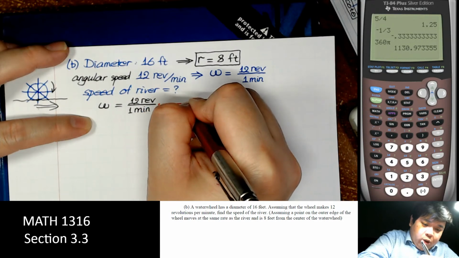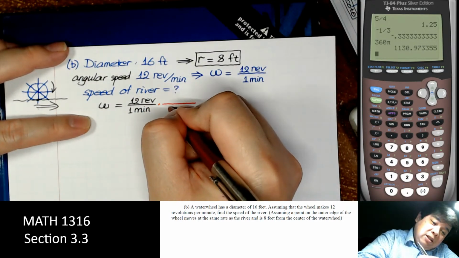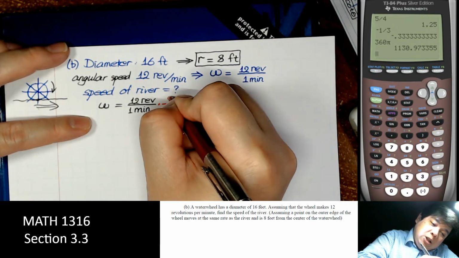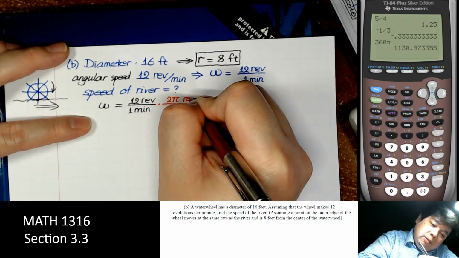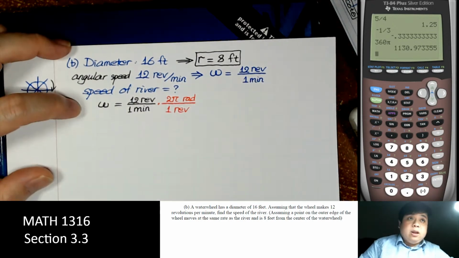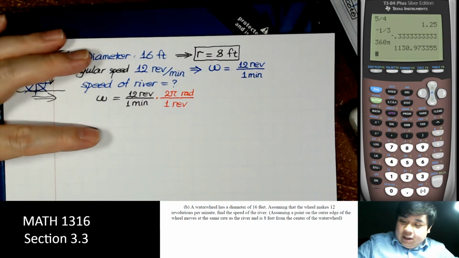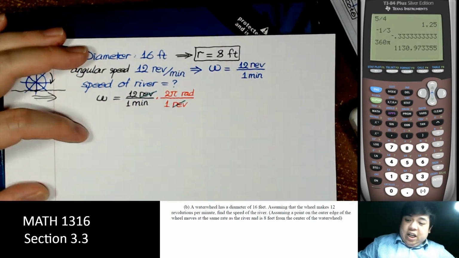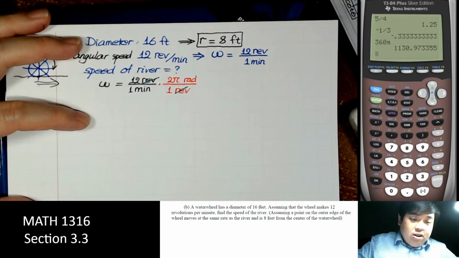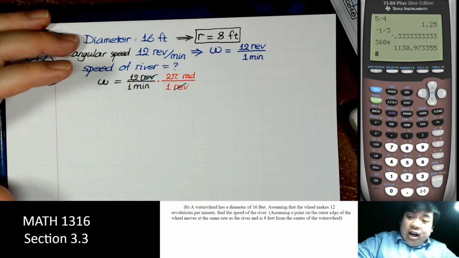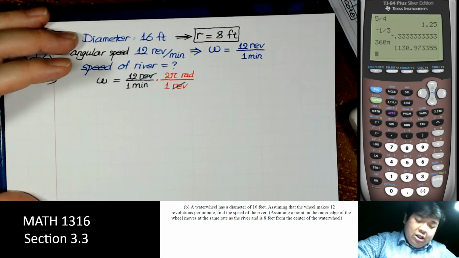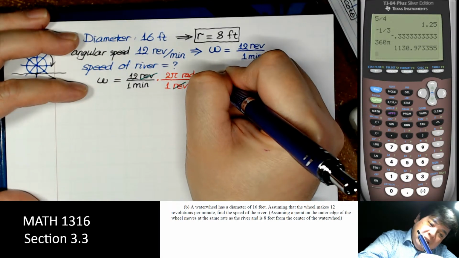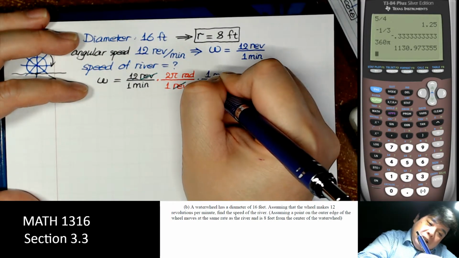We don't want revolutions, we want radians. 1 revolution is 2 pi radians. We can do a lot like this. If we don't want minutes, let's use seconds instead. Then we can attach another one to it: 1 minute is 60 seconds.